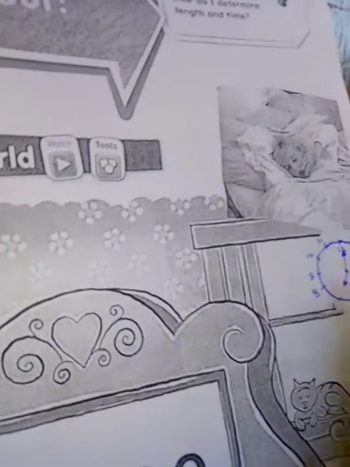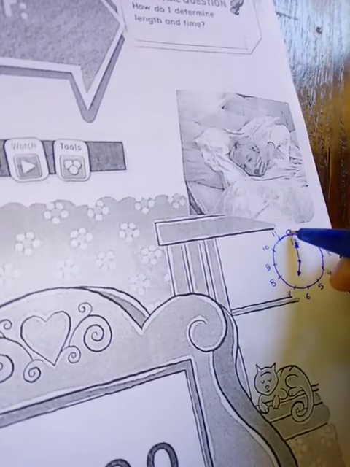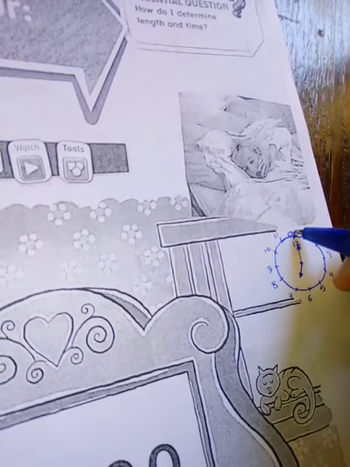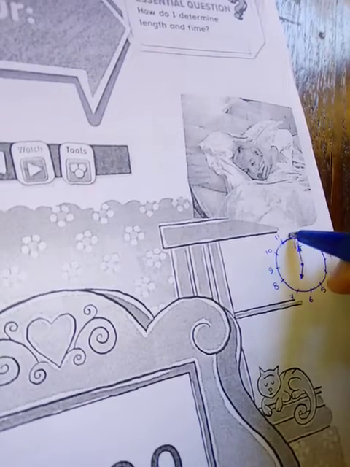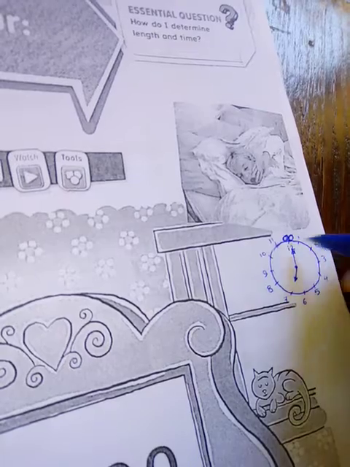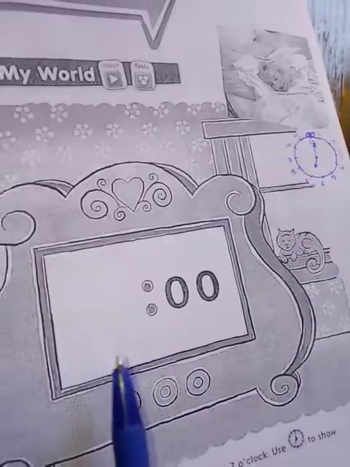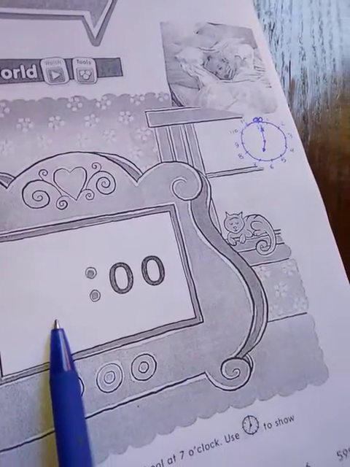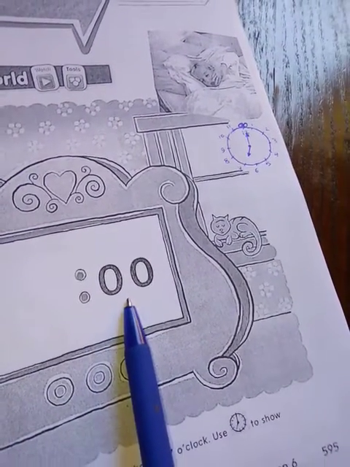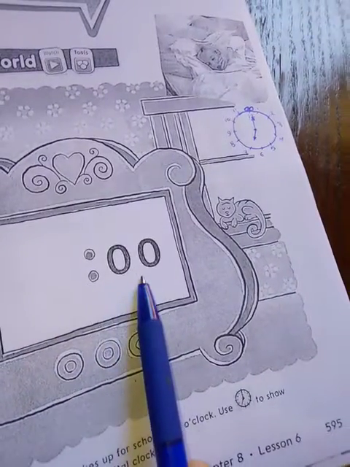Okay, 12 has two eyes. We can draw here two eyes. Two eyes mean 0, 0. In the digital clock, we have the hour part and the minute part.